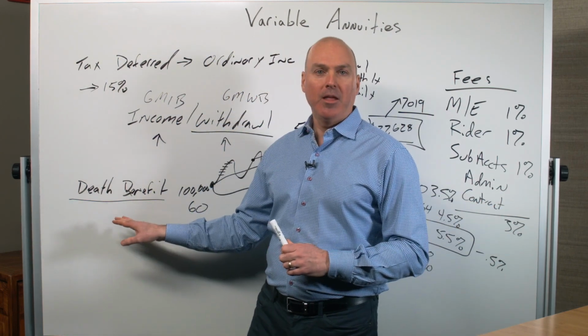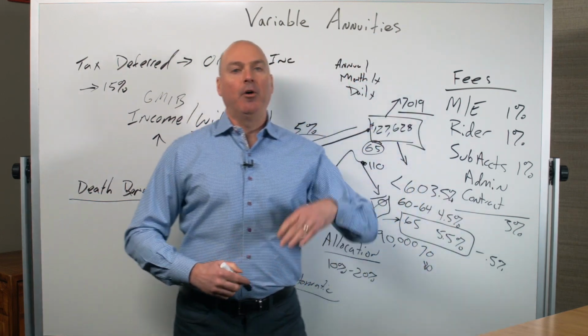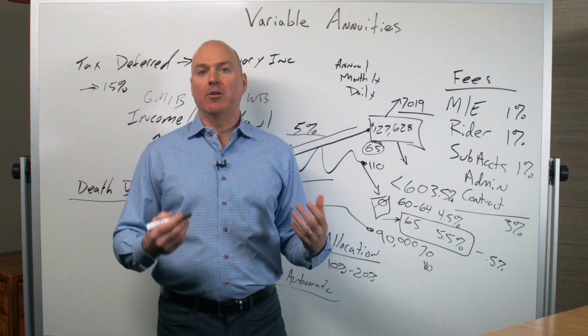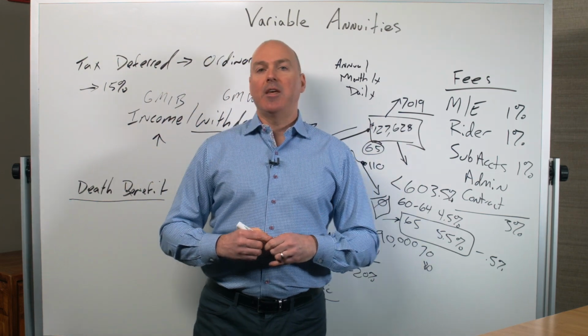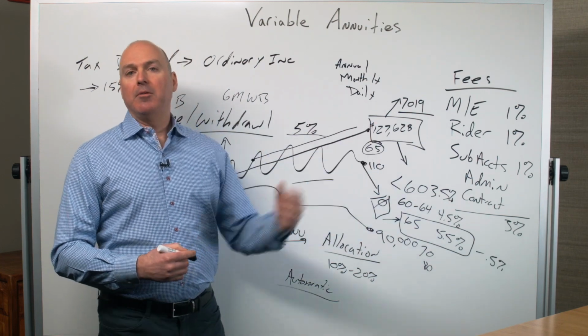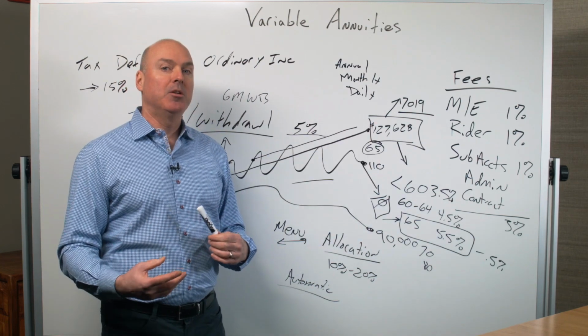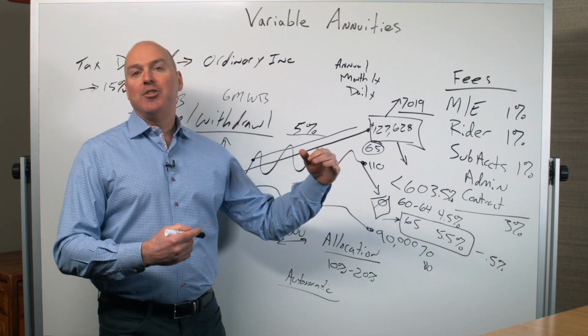One thing to keep in mind though on that is that oftentimes what we see with these death benefits is that they'll only compound that to a certain age. Maybe it's 80 years old. And so what that means is that you might add one of these death benefit riders on. It might be compounding the death benefit at 5% per year, but that 5% compounding stops at age 80.